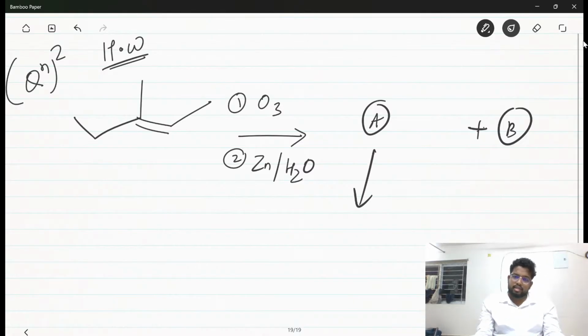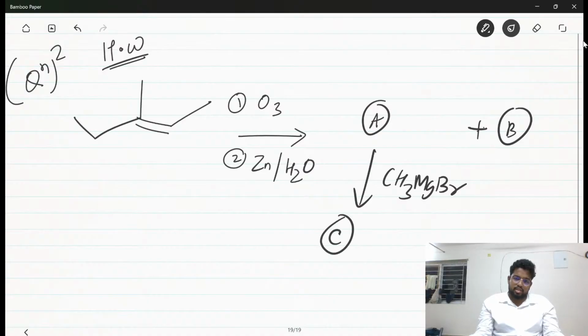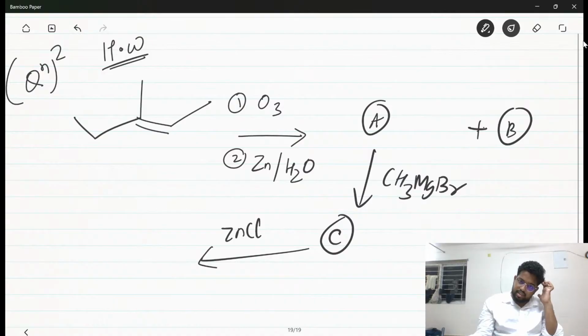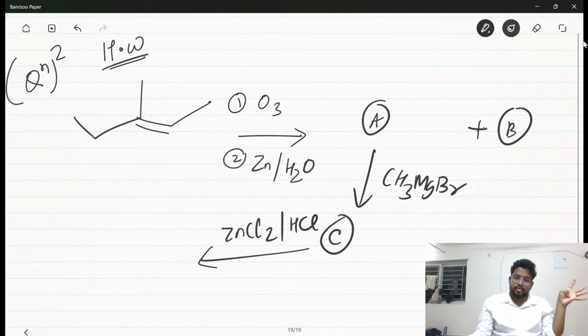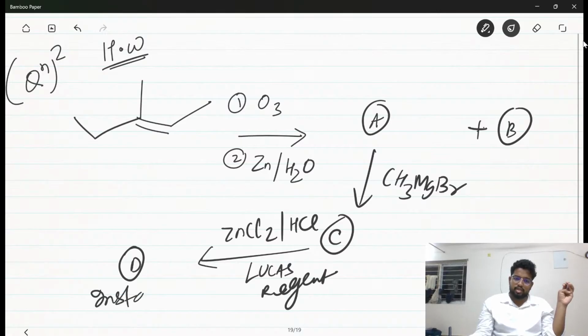If I am treating A with CH3MgR, Grignard reagent, I am getting C, and this C on Lucas reagent, ZnCl2, gives D, which is instant turbidity. Do you remember the Grignard reagent attack on aldehyde and ketone?